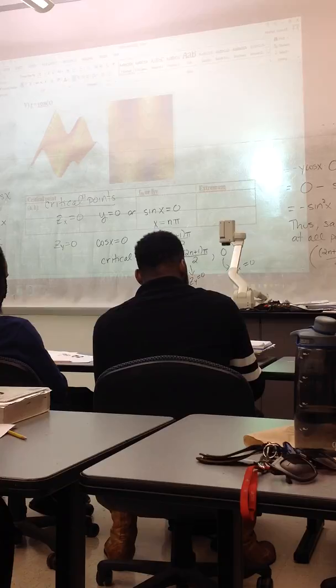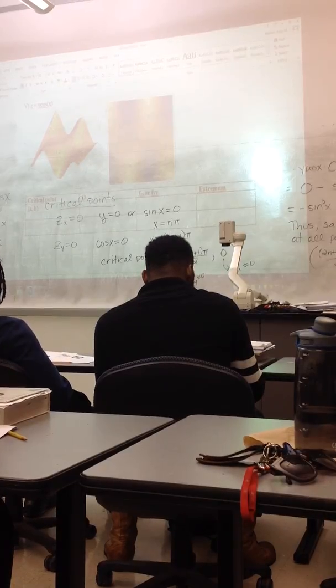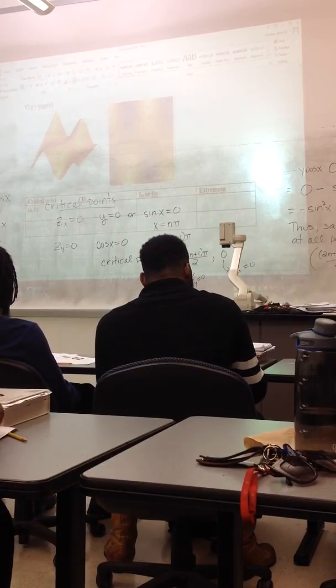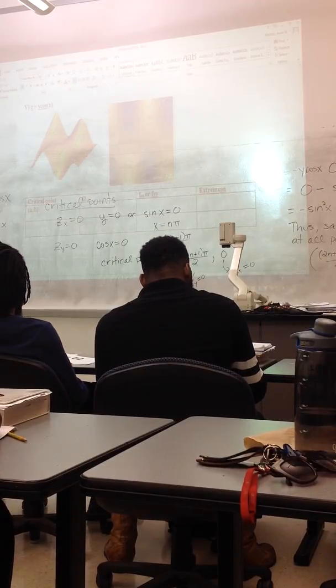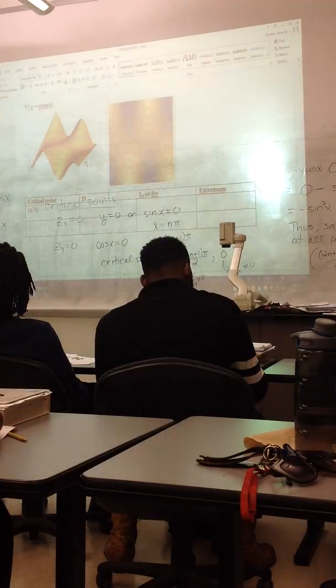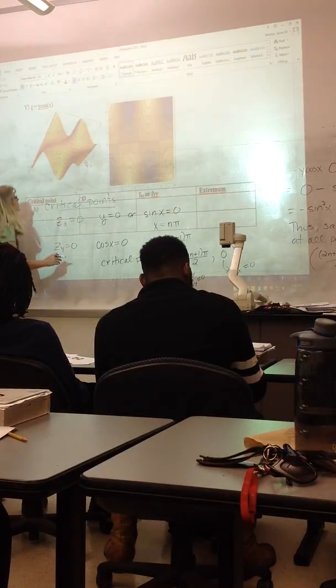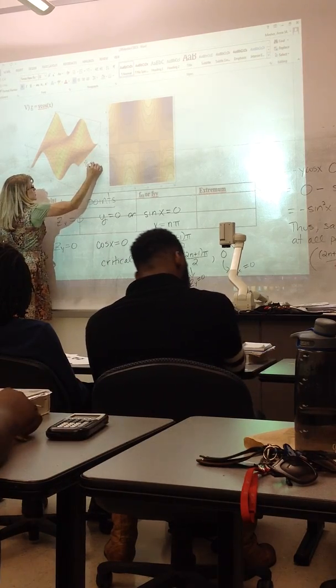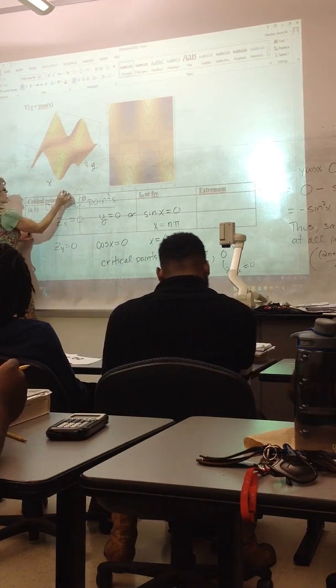And so right here is one of those saddle points, where I have concave up in this direction, but then I have concave down in this direction. Let me try to dim the light real quick. Okay, so this direction is y, and this direction is x.